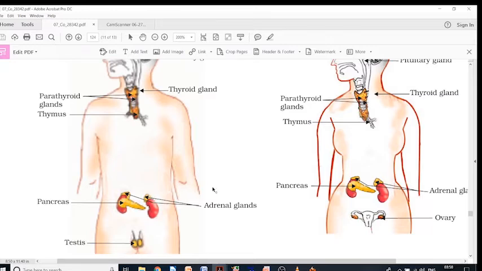Now, what is the adrenaline hormone? When is it secreted? Whenever you are in times of stress or in times of excitement, this adrenaline hormone is secreted. And what are the results of its secretion? It increases your heartbeat.